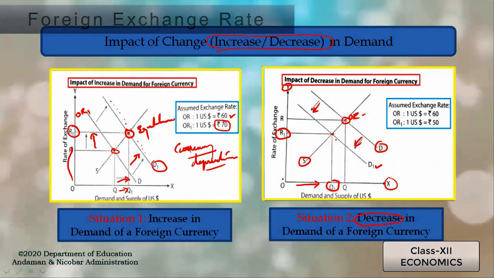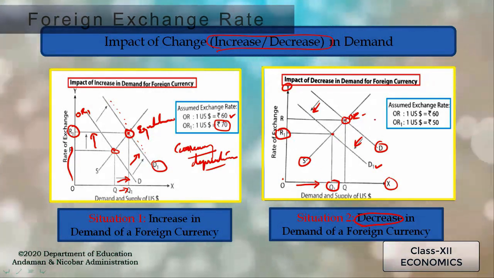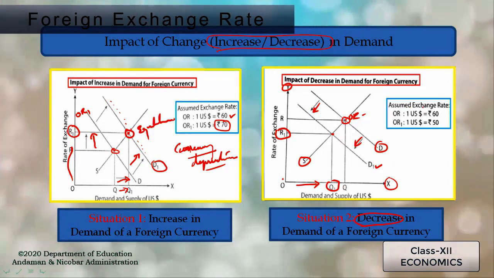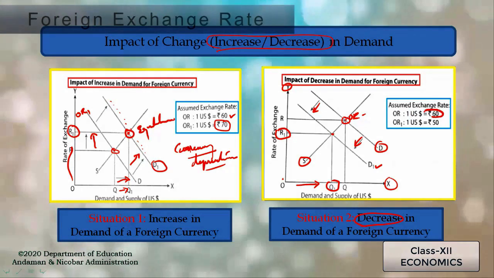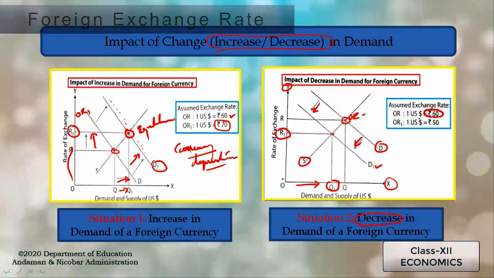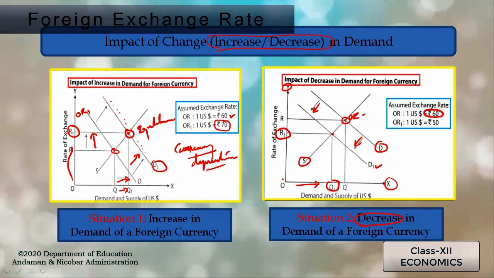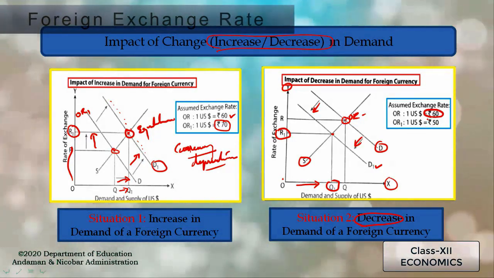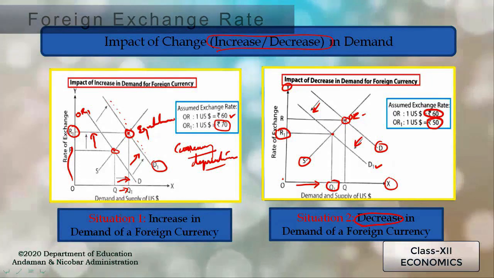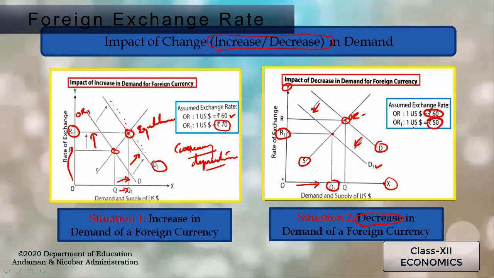So what we can see here, because of this, look at the assumed exchange rate. Previously we used to pay rupees 60 to $1, and due to the decrease in the demand of foreign currency, the Indian rupee is being paid at the rate of 50 rupees for $1.